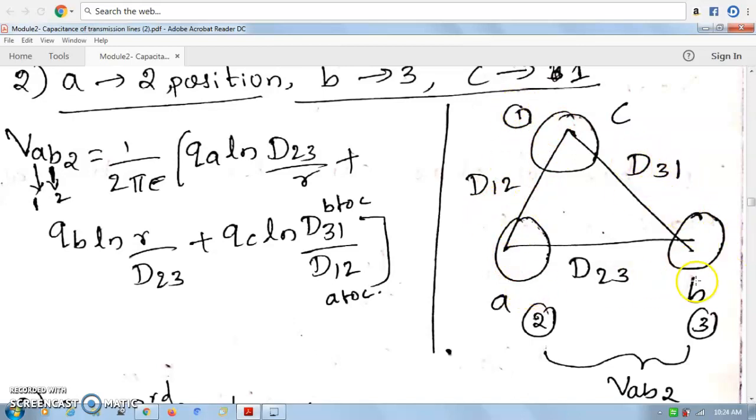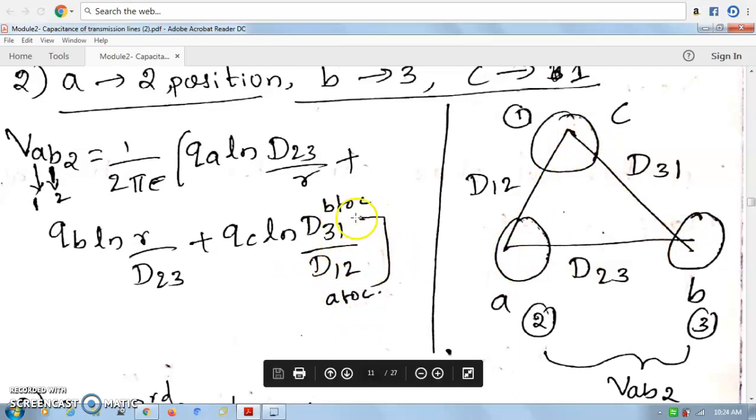Here B means second, A is first: second divided by first distance, D31 divided by D12. Right? Here I have written clearly.